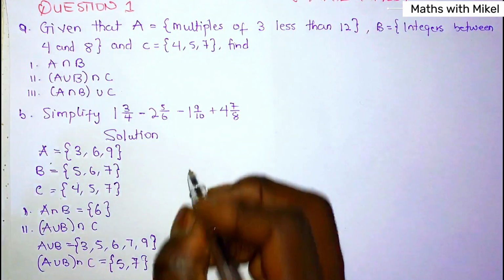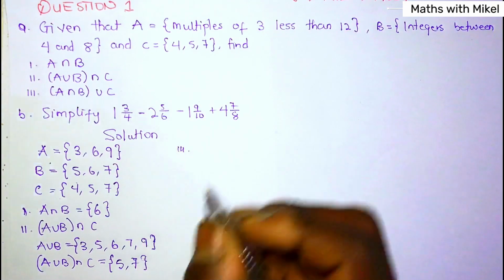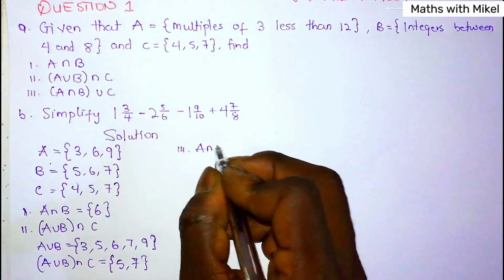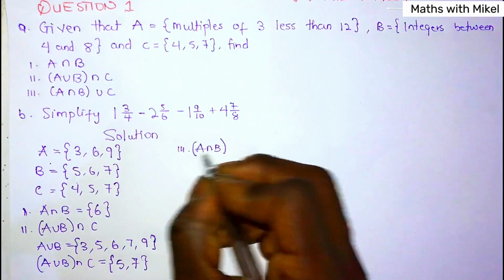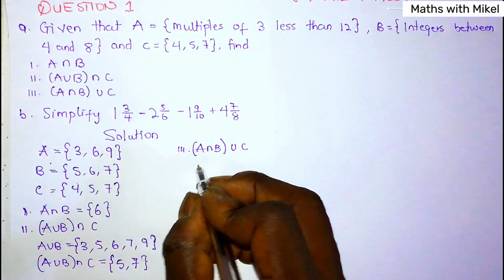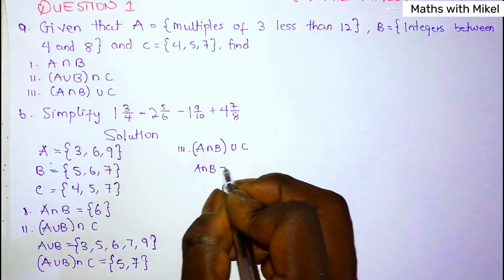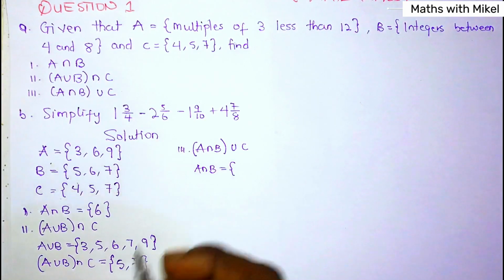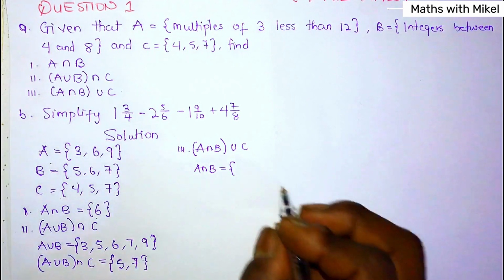We are asked to find (A intersection B) union C. We've already done A intersection B, and that gave us 6.